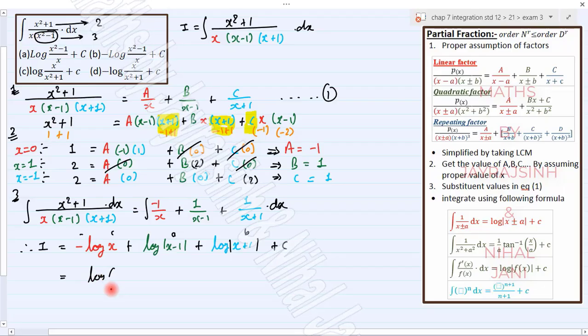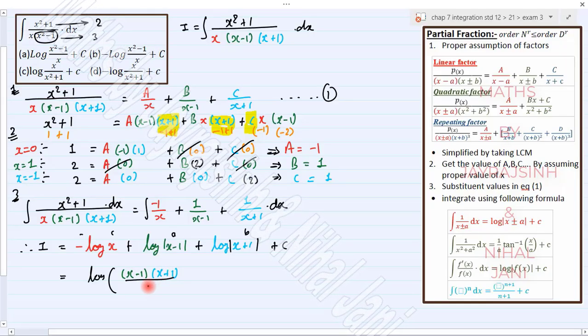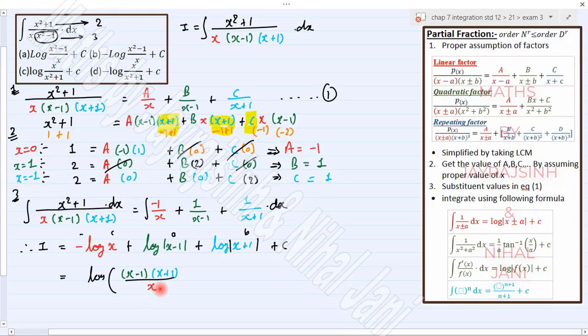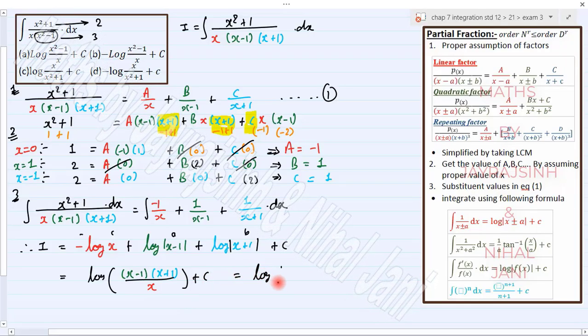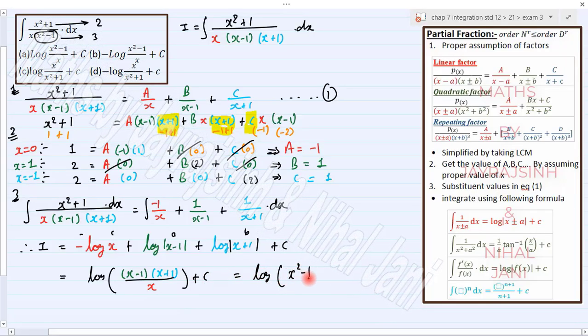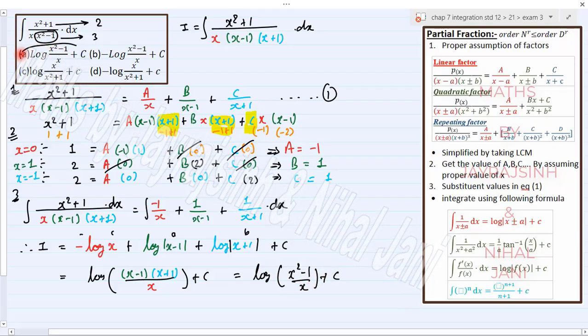So we will get log a into b, or we can say x minus 1 into x plus 1 upon x plus c, which can be rewritten as log of x square minus 1 upon x plus c, which is given in option A.